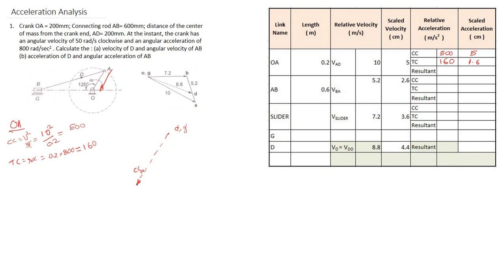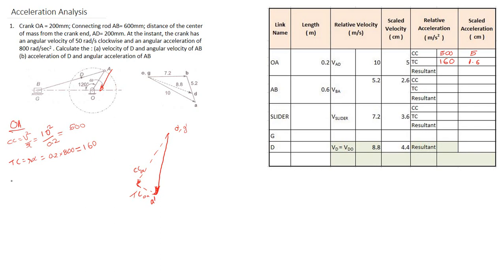So I am drawing this 1.6 and naming it as the tangential component of OA. Now I am joining these two points, and this is your acceleration vector. This point is named as A dash.